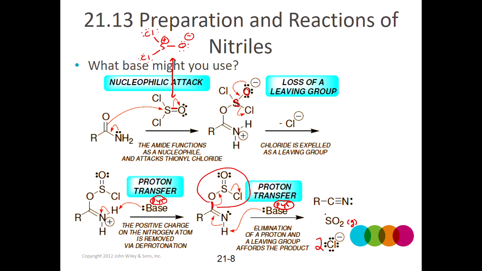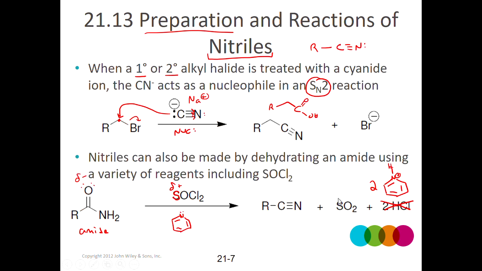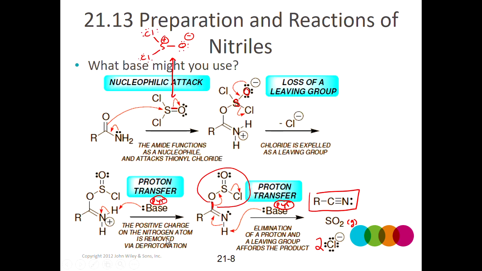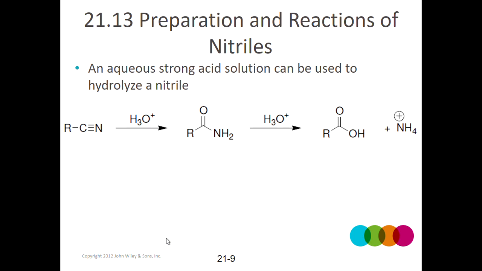It drives the whole equilibrium forward, and it produces a nitrile. So if you want to make a nitrile, you can use a CN- to push out a leaving group, or if you have an amide, you can use thionyl chloride with 2 moles of pyridine. So those are the 2 ways that you might be expected to recognize for producing a nitrile.